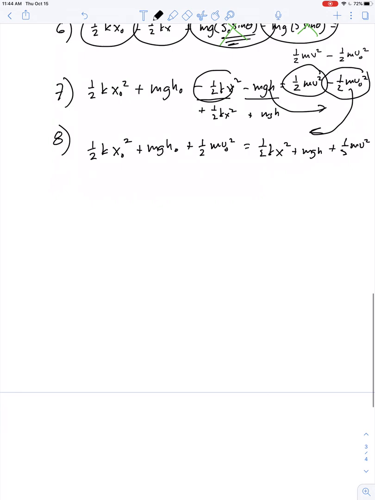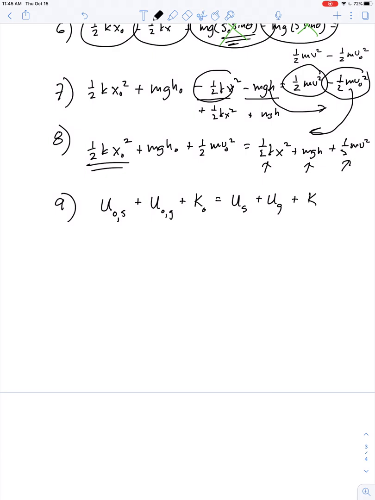So do you see what we really have here? This is just a way of saying the initial elastic potential energy plus the initial gravitational potential energy plus the initial kinetic energy is equal to the final elastic potential energy plus the final gravitational potential energy plus the final kinetic energy.